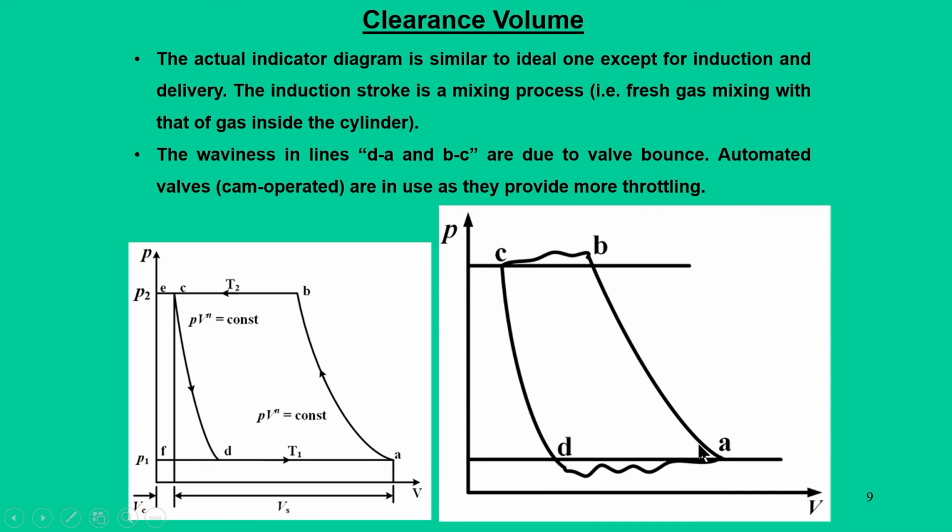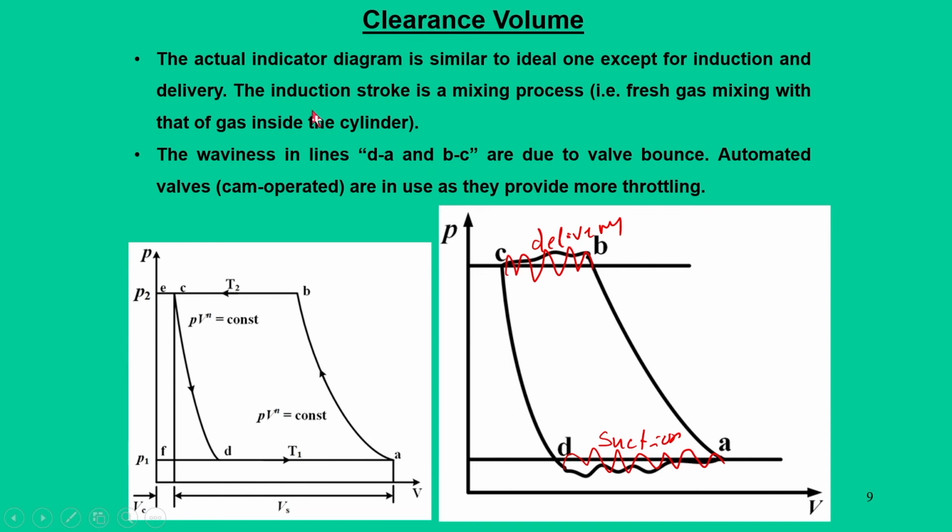If you look at the actual PV diagram, which constitutes A, B, C, D, and this is how we did our analysis, there will be some waviness in the cycle, mainly not in the compression and expansion part, but only during the suction part and the delivery part. So, during compression and expansion we will see this waviness is not there. That we call the actual indicator diagram.